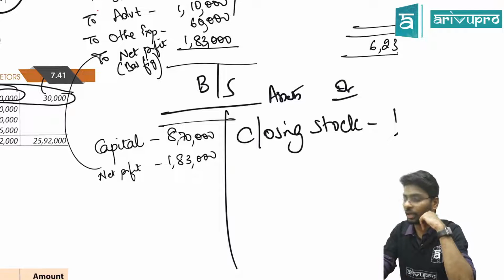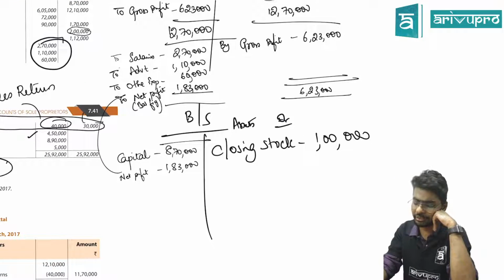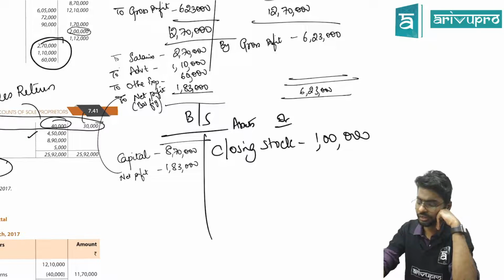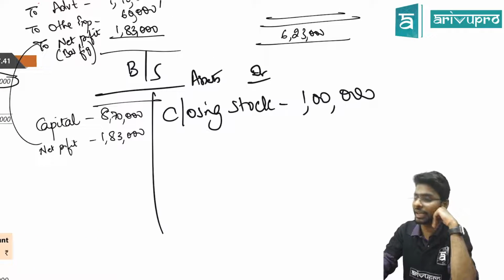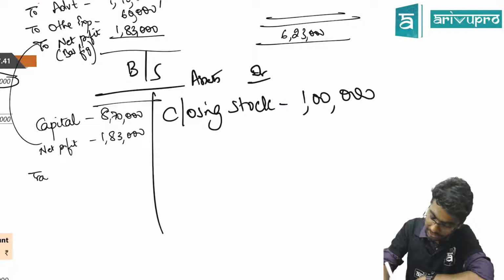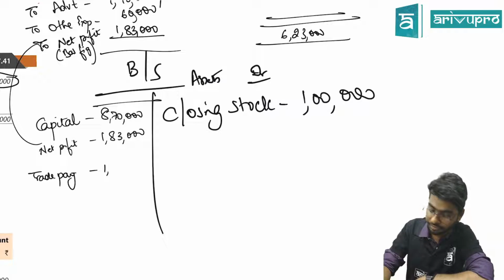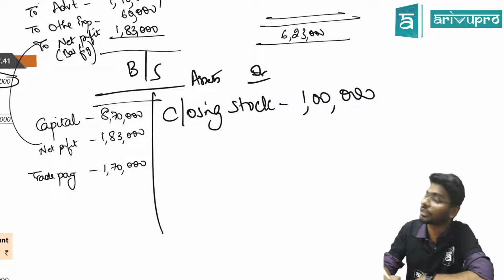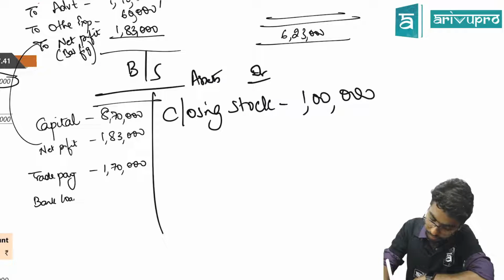Right? Now, what are the other items there? Just tell me, I'll write it down. What are the other things in the balance sheet? You guys have written. Trade payables, 1 lakh. Then, how much? 2 lakhs.